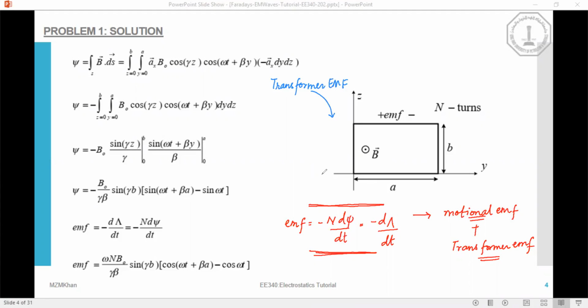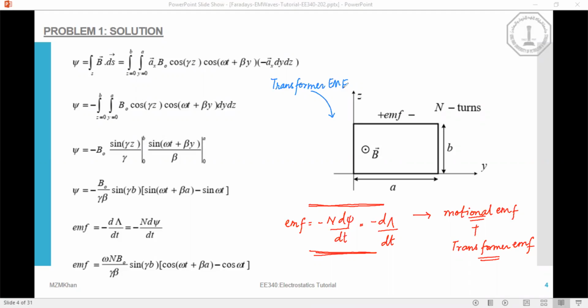You know the big expression of the transformer EMF from the lecture. You can use that, but it is a little time consuming, so always look for the best approach.